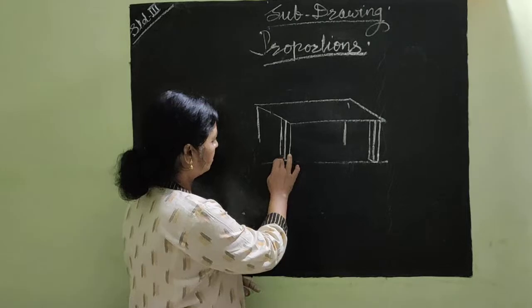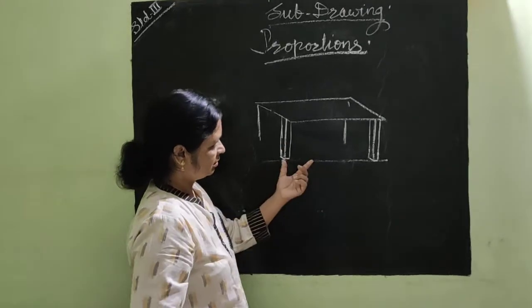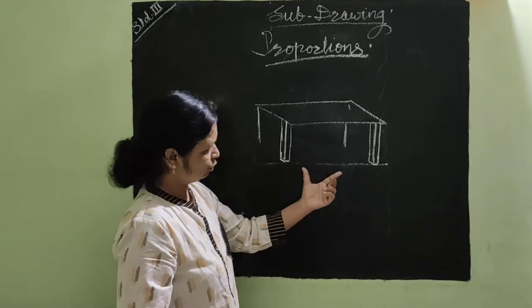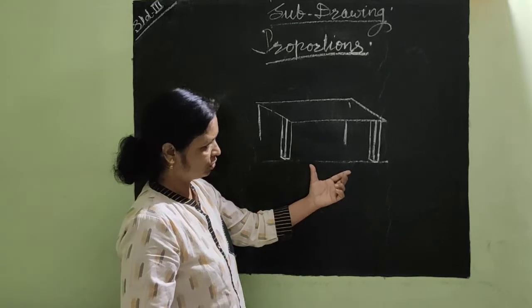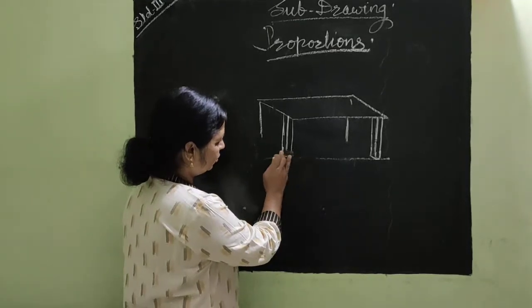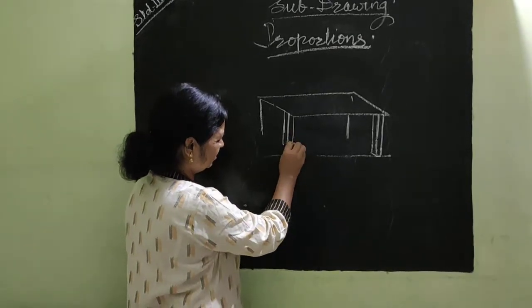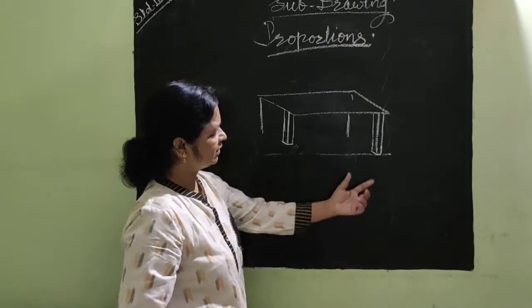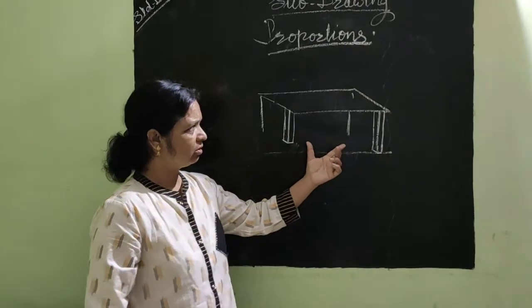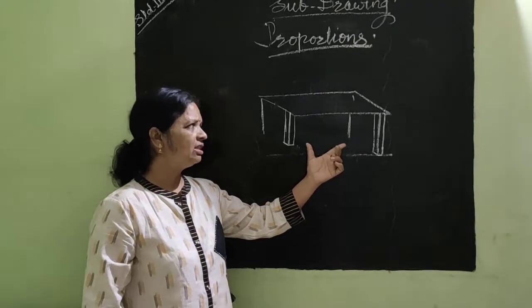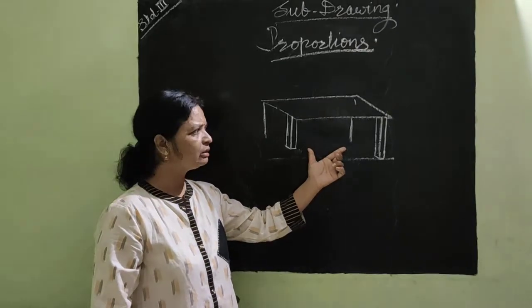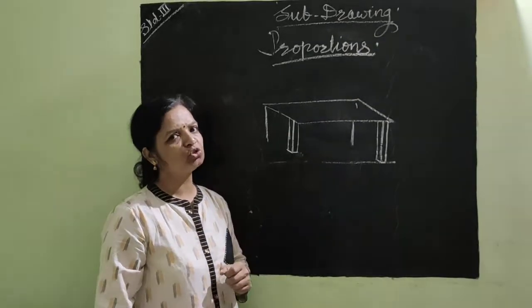If the legs are like this, then it looks like a proportionate position. Suppose this one is small and this one is like this. So we observe that this drawing is not in proportion.